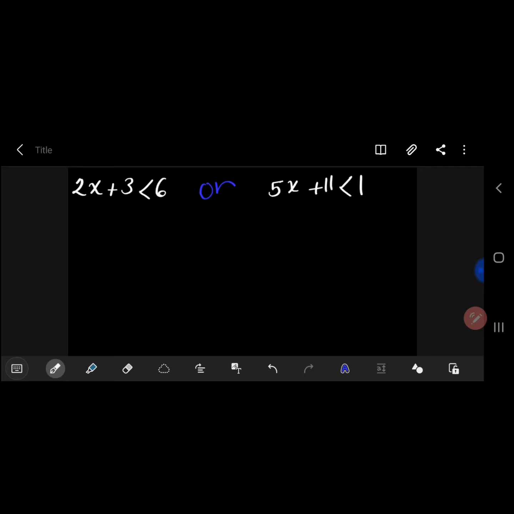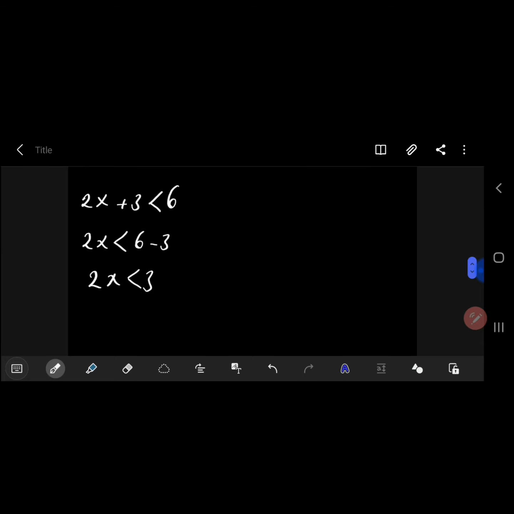So here, how can I solve it now? The first thing, I will take the first inequality. 2x plus 3 smaller than 6. That means 2x smaller than 6 minus 3. 2x smaller than 3. That means x smaller than 1.5.